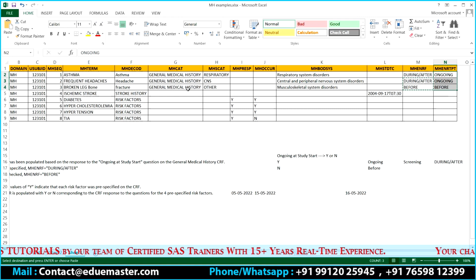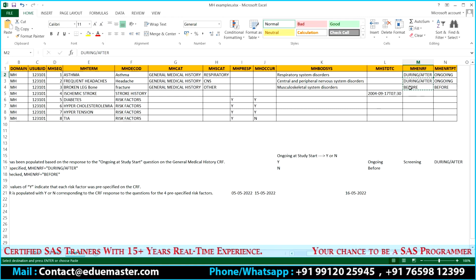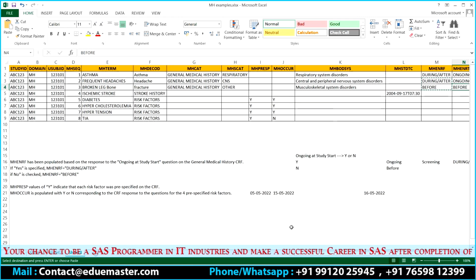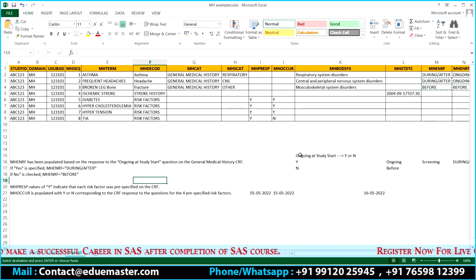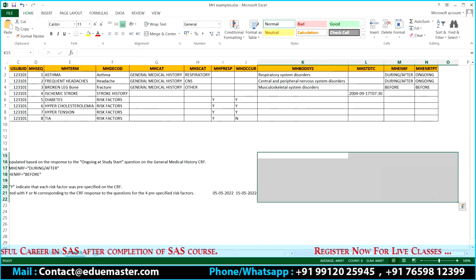Like things like headache and asthma, it may happen, it already happened, it is happening. So it is going to be an ongoing event. Something like a fracture, it already happened, so I'm just calling it before. Is that making sense to all of you? I have given the details also here, you can see. All right. Any questions on this?